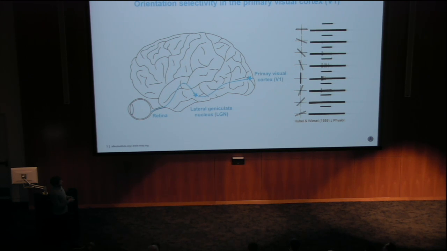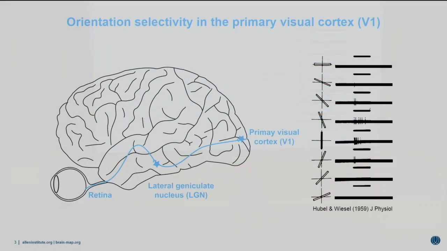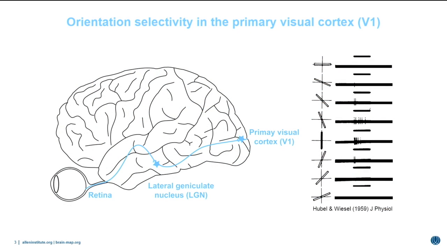This is shown here at the right, a figure from the original work of Hubel and Wiesel, where you see on the left the different edges of the visual stimulus having different orientations, and on the right the neural response of this particular cell. This particular cell had a preferred orientation of a vertical bar.